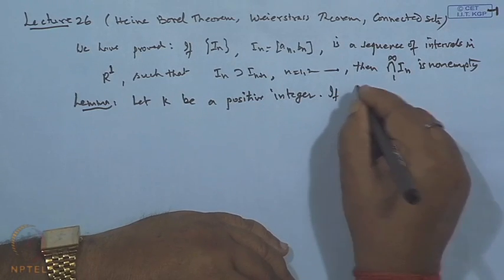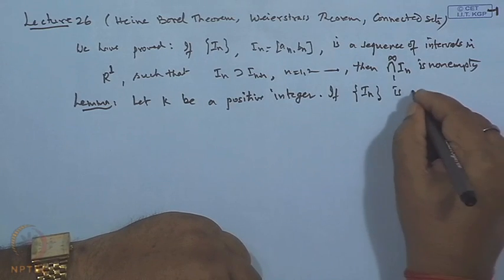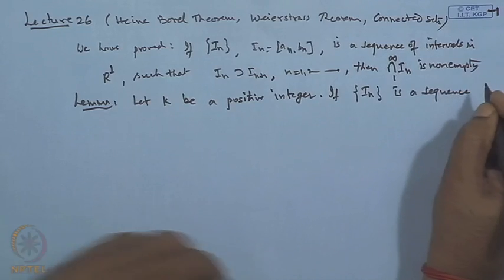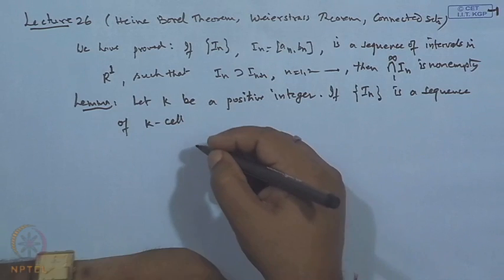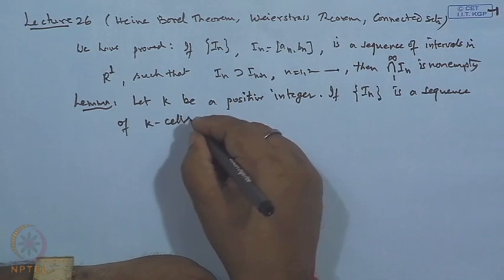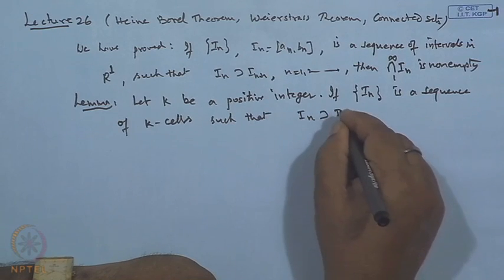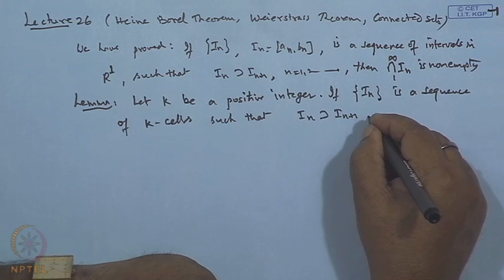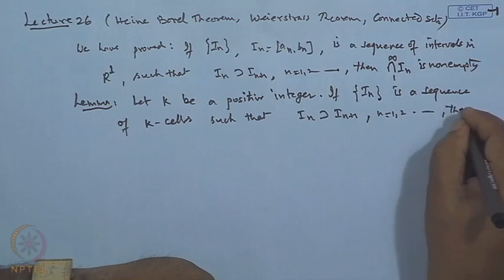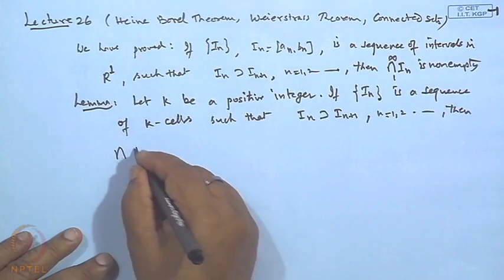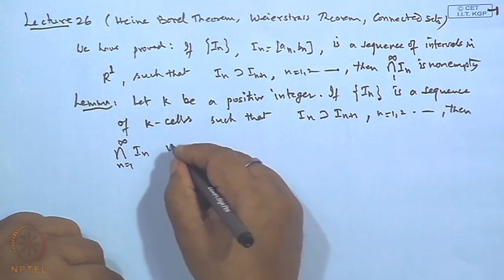If I_n is a sequence of k-cells such that I_n covers I_{n+1} for n equal to 1, 2, 3 and so on, then the countable intersection of these cells, n from 1 to infinity, is not empty.